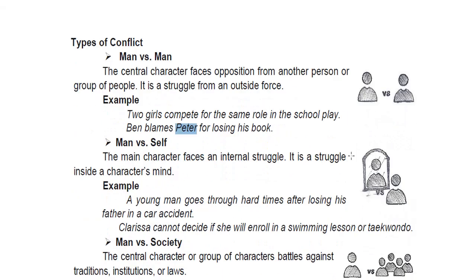Okay? Next, we have man versus self. So the main character faces an internal struggle. This one is an outside force because it is man against another man. This one is the internal struggle, or the internal force, because it is a struggle inside a character's mind.